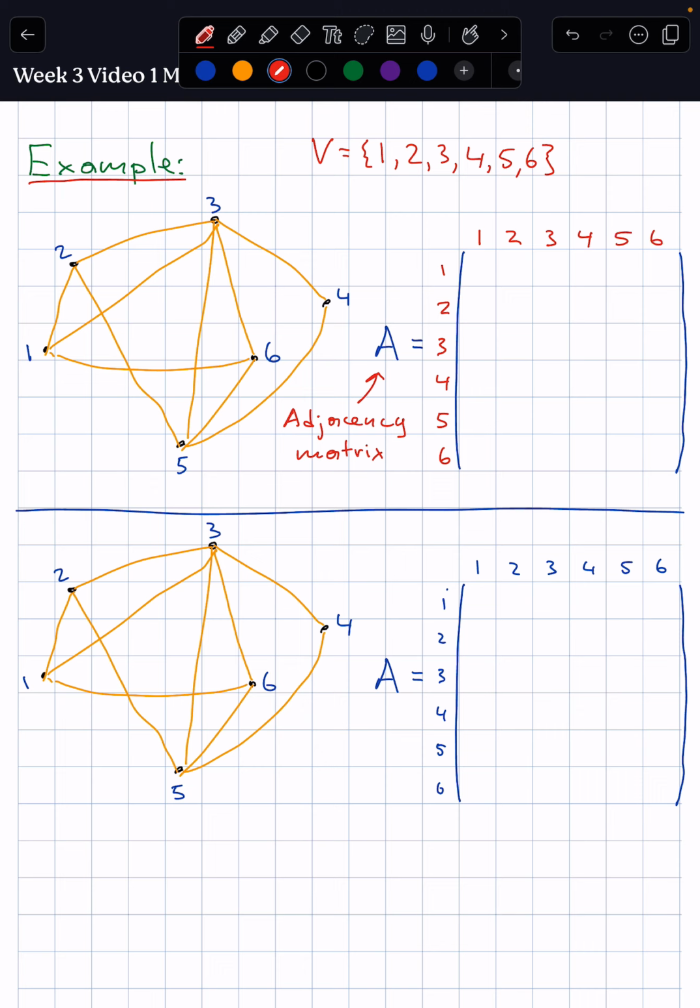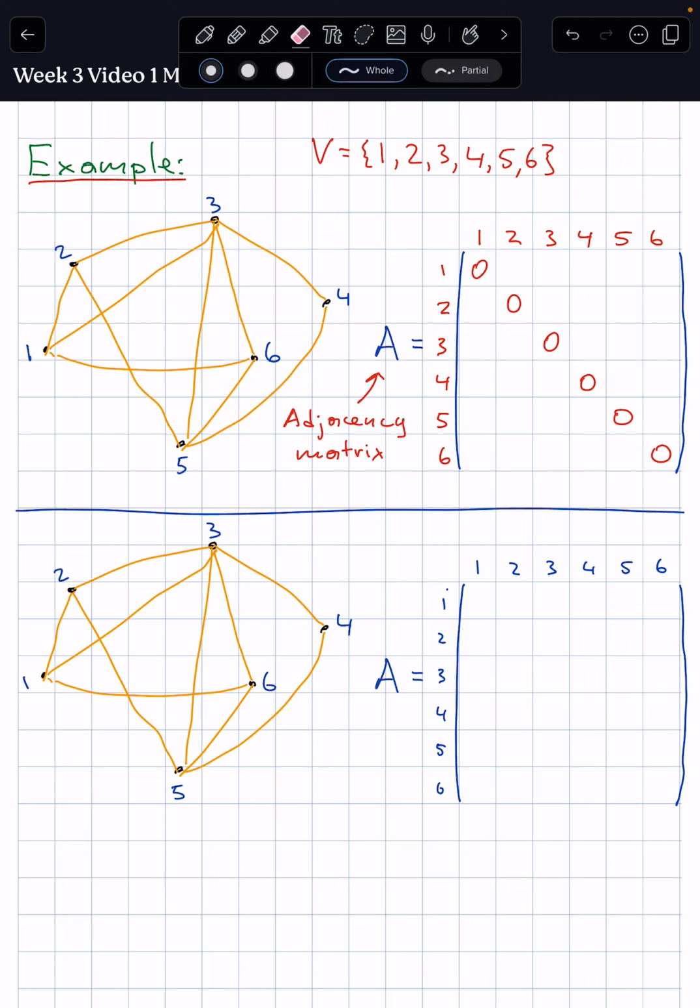Now on the diagonal we simply put zeros. So the diagonal entries of the matrix are going to be just zeros. And then off the diagonal we just put 1 if the corresponding vertices are connected by an edge, and 0 otherwise.